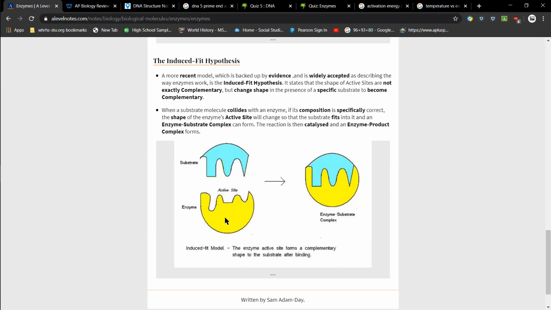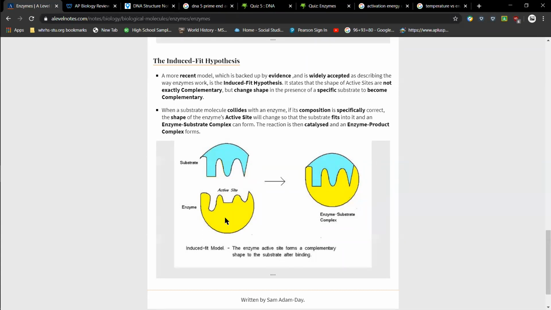So those are the two models, the induced fit and lock and key. Remember that lock and key is outdated. We don't use it anymore. Enzymes do not perfectly match their substrate. We use the induced fit, where the enzymes come together with the substrates, and then the enzyme changes its conformation or its structure to better fit the substrate.